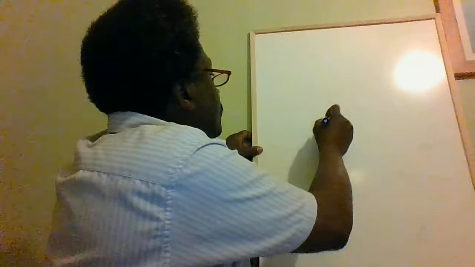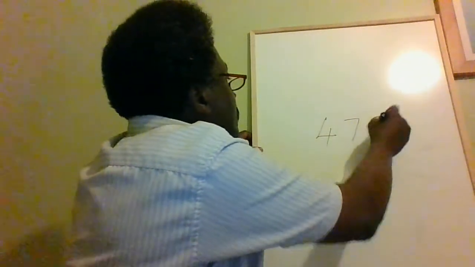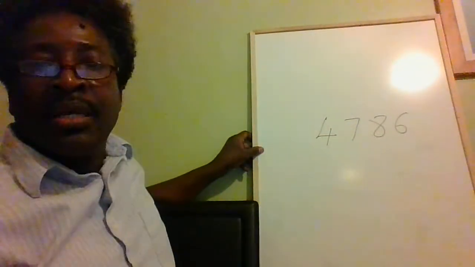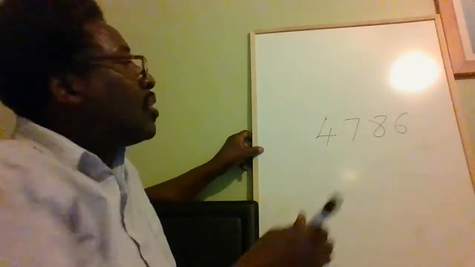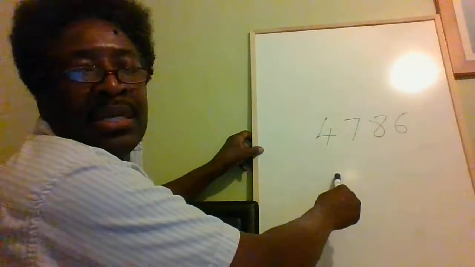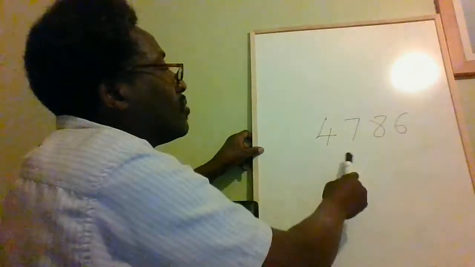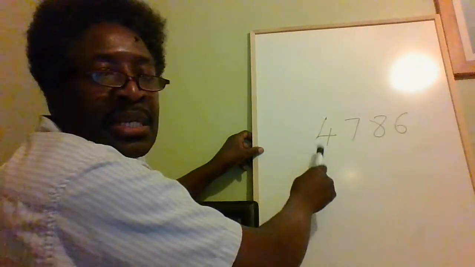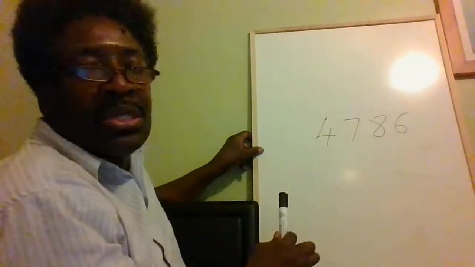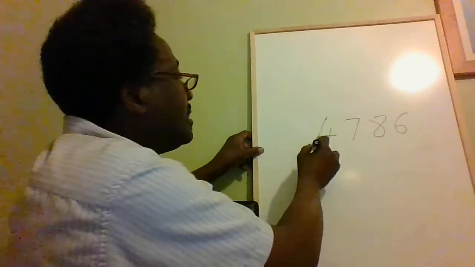Being able to say and write a four-digit number in words. So let's pick some random four-digit number. The same principle, you want to imagine a number where these digits are now zeros. The first digit, keep it the same, but make the others zeros. And the number that comes to mind is 4,000.